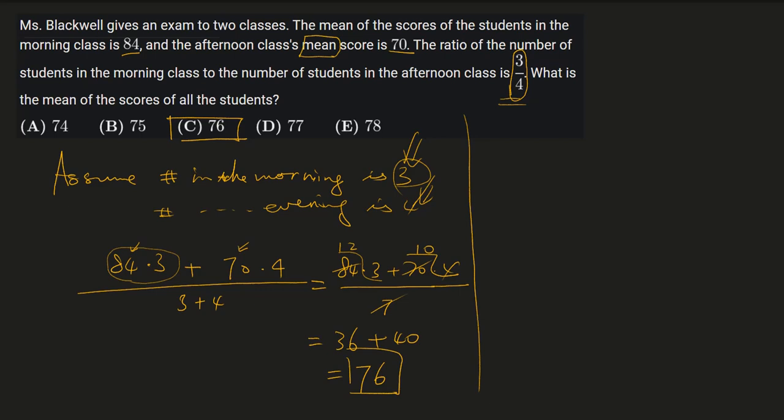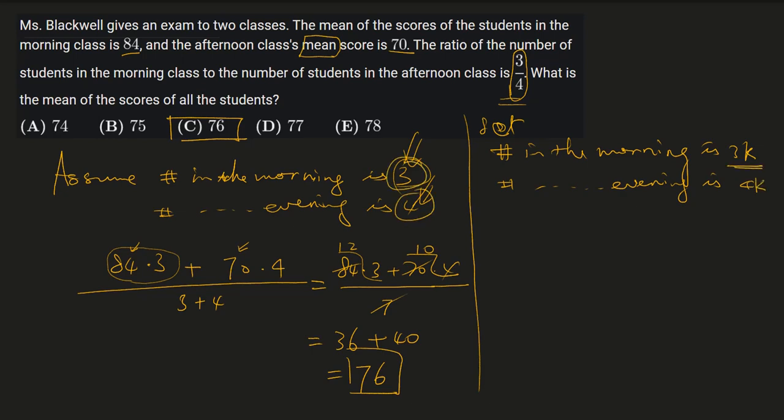And that is this. We assume the number of students in the morning class is 3K, and the number of students in the evening class is 4K.